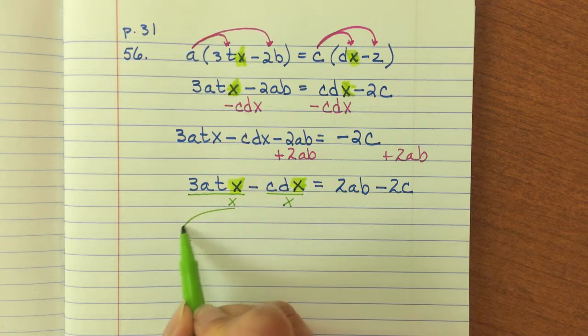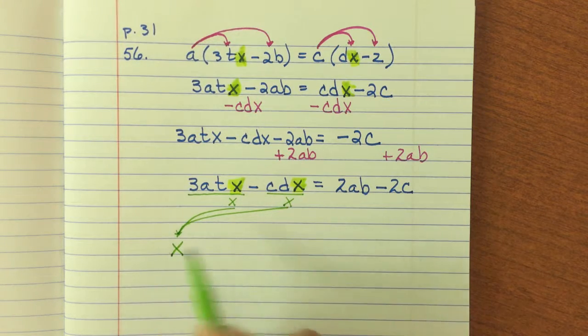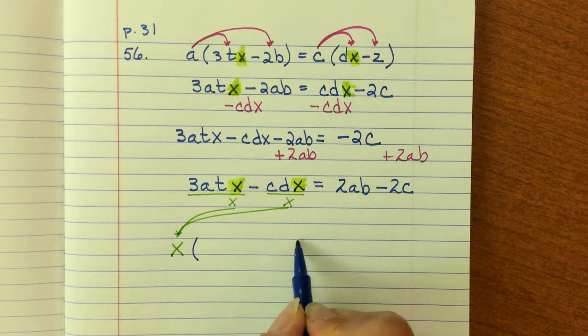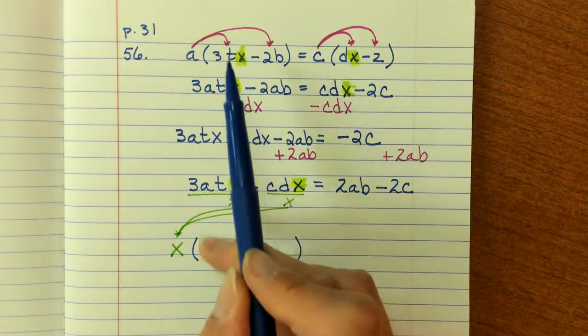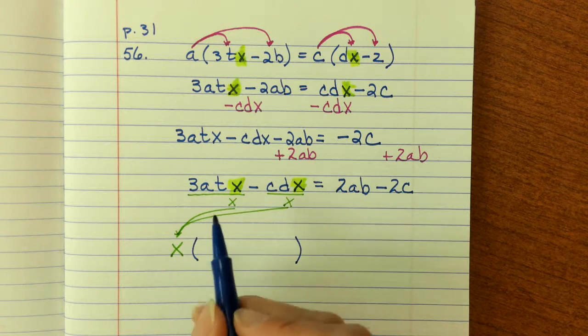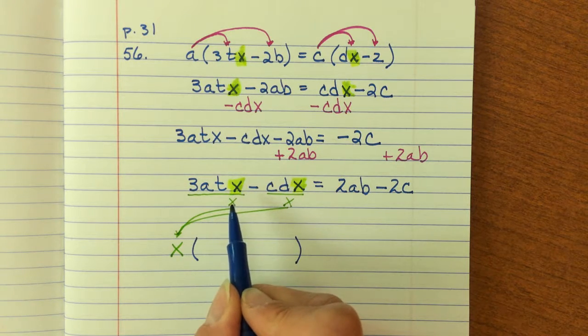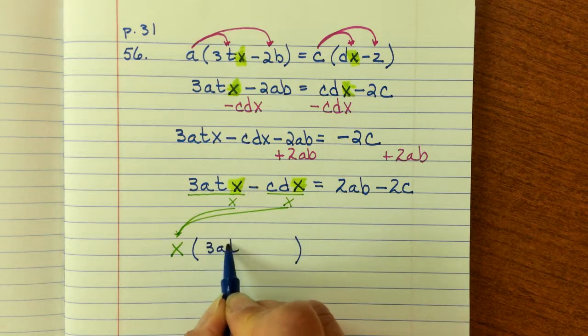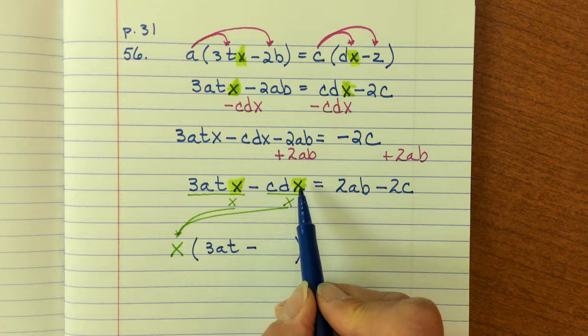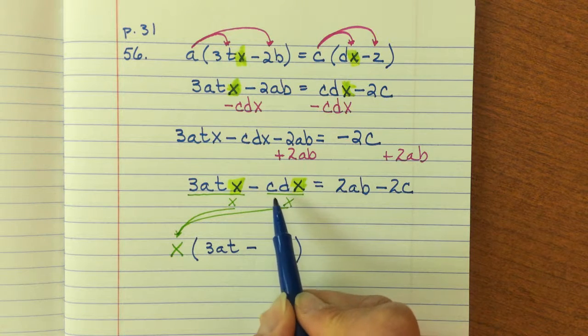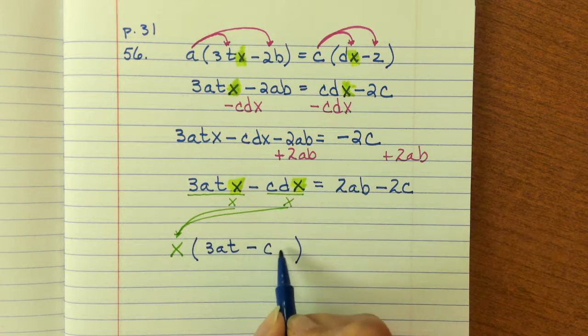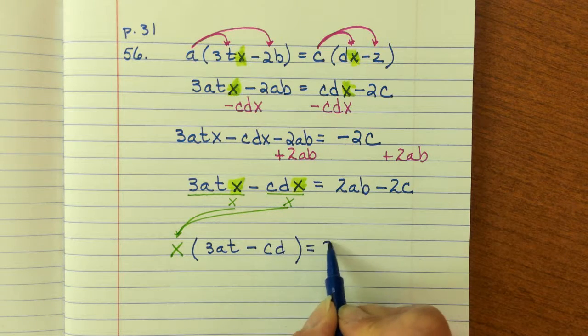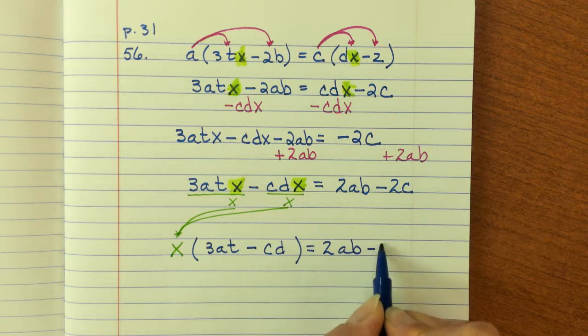That factoring out makes that x come in the front. So you can see this is going to start looking like this. I'm just doing it backwards. So x divided by x is 1. So I'm left with 3at minus, again, x divided by x is 1. So I'm left with minus cd. And that equals 2ab minus 2c.